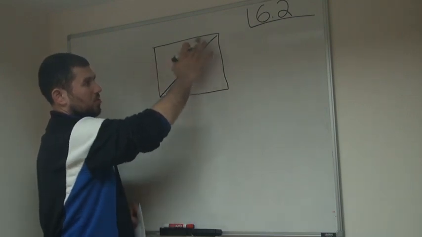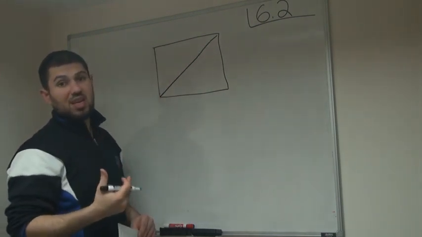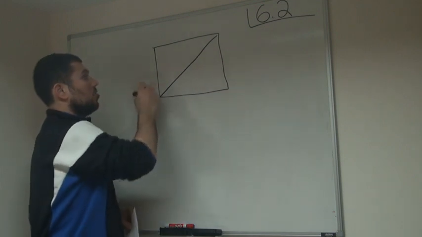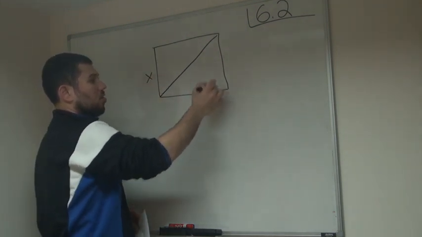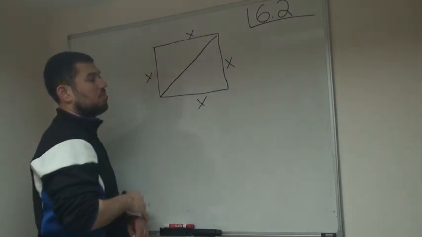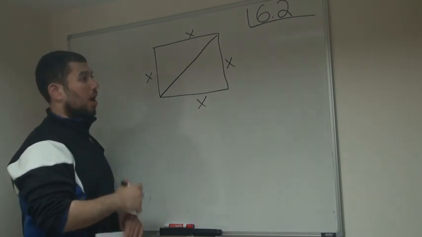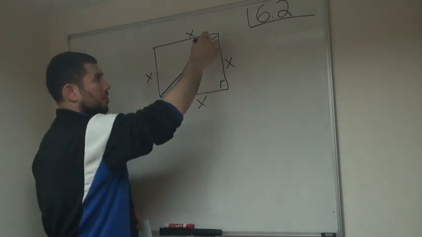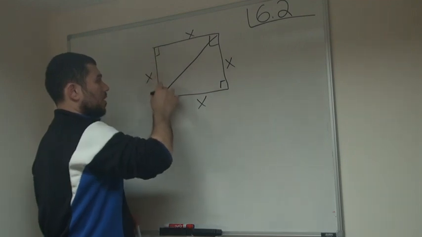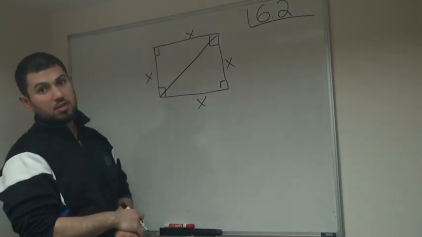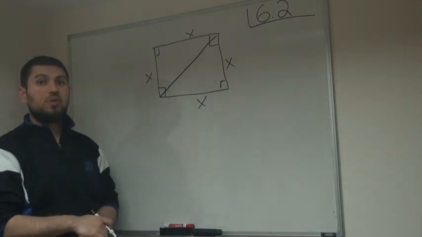Well, what's special about squares? We know that squares have 4 equal sides. So if I don't know what the side length is, I'll call it x. Now, I also know that squares have 4 sides that are perpendicular to one another, so each angle is 90 degrees. Great. Those two pieces of info down.